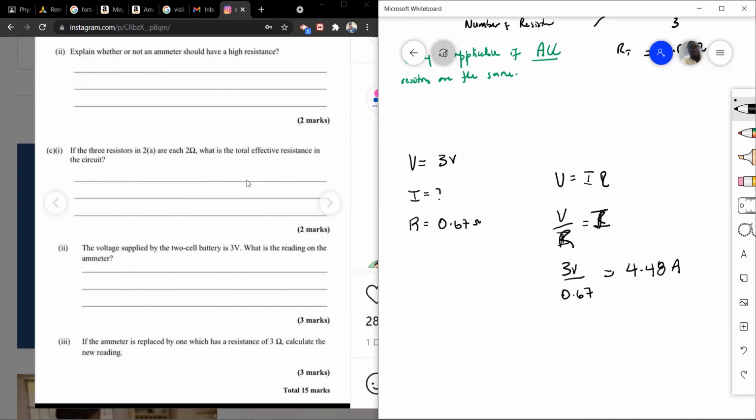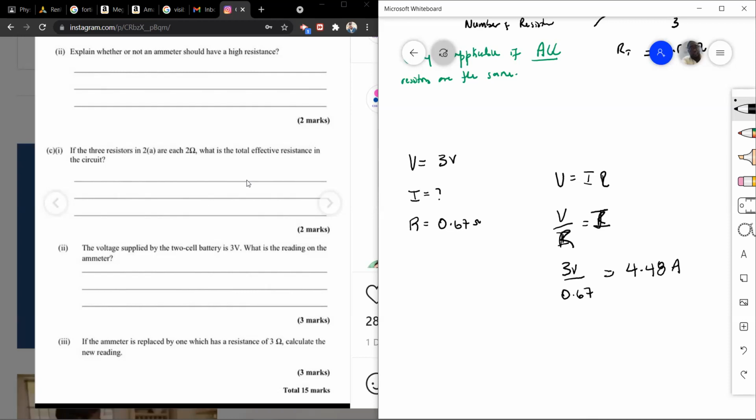Wait a minute, hold on. Basically, take out the ammeter and put a resistor of 3 ohms. I think it's asking for the total resistance if you add a resistor in series where the ammeter was. Yeah. All right.